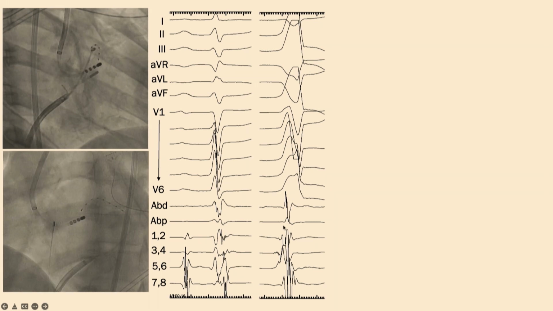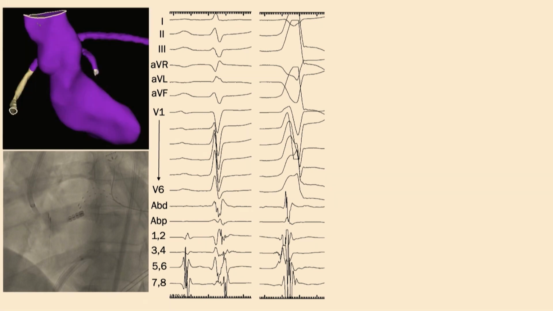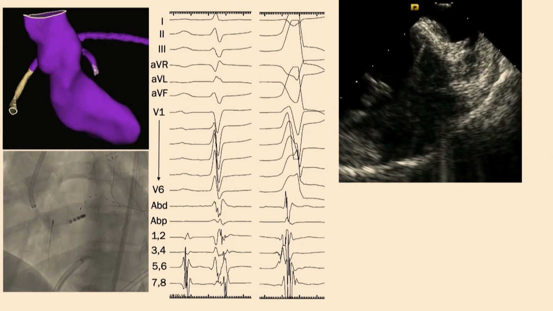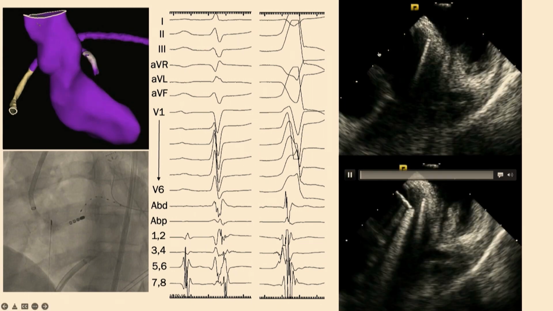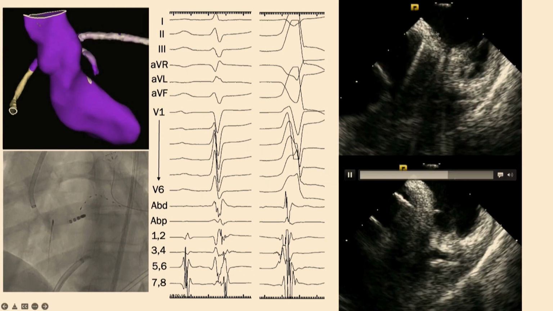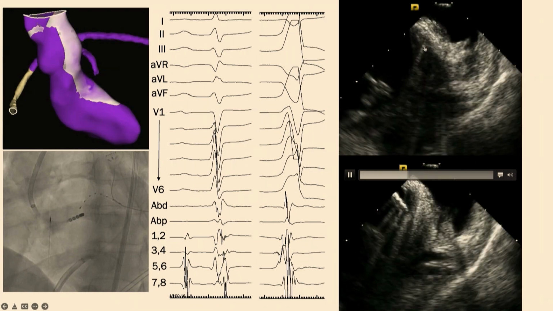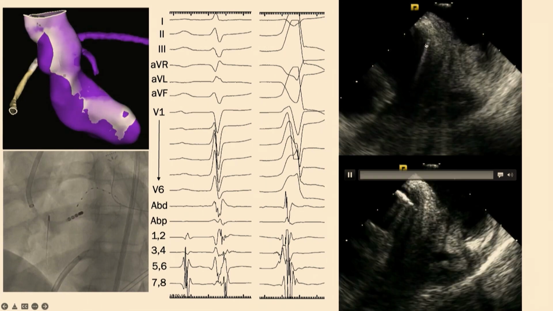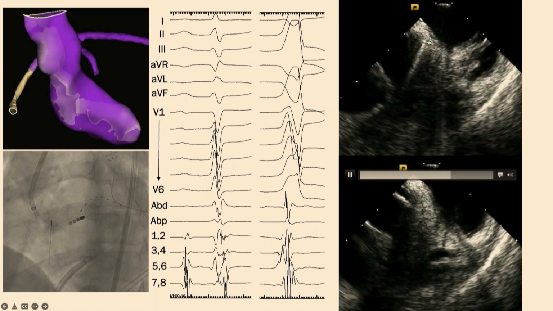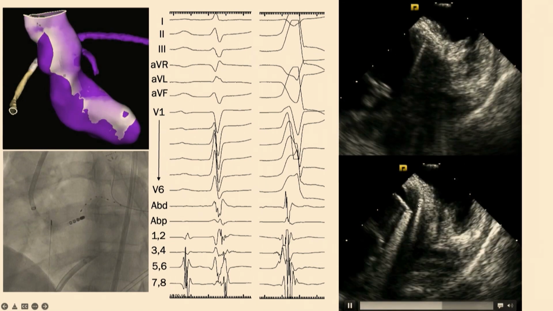But just simply because you're opposite anatomically to the side of earliest activation, and you put your ablation catheter there, now the distance, you can see here beautifully, the tip of the EP star is right inside of the septum, right here. The distance from the endo to that is 0.5 millimeters.